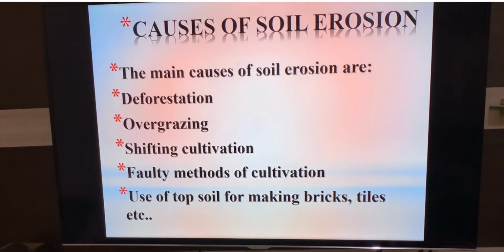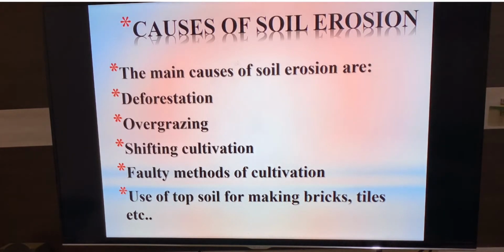Overgrazing, cattle rearing. Shifting cultivation, moving from one place to another. Faulty method of cultivation. We don't follow any proper scientific method of cultivation. And use of top soil for making brick, tiles, etc. So these are the reasons for soil erosion.